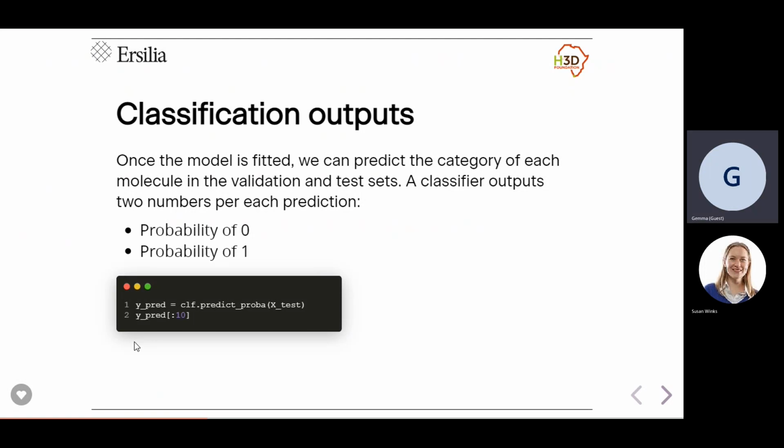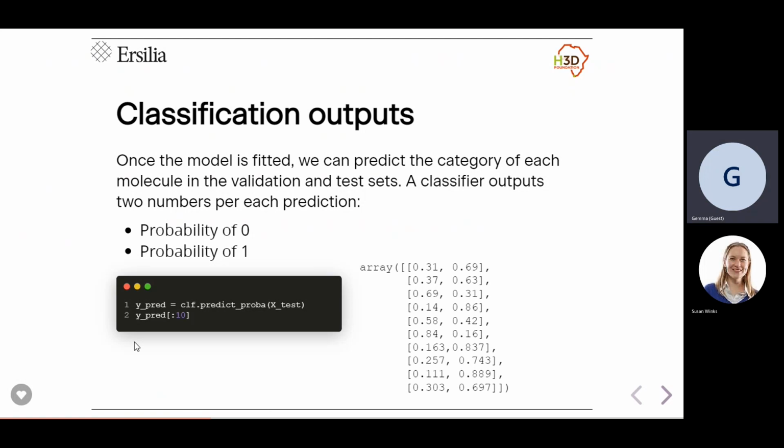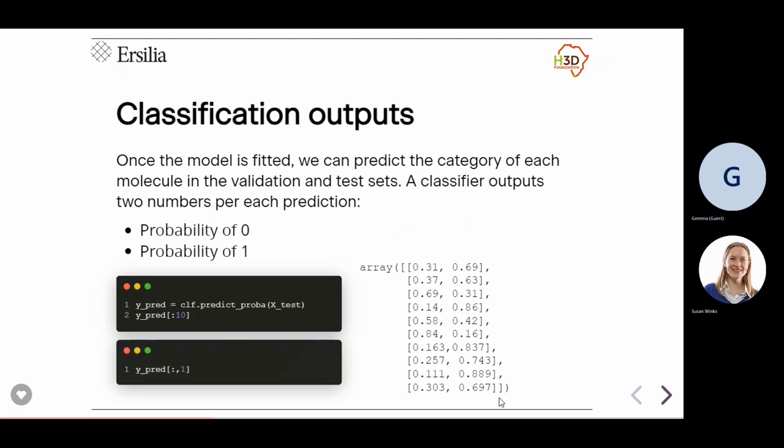So when we predict our X test, we get our Y pred, which is these columns, and we want to keep the second column, the probability of 1. Is it clear? Is everyone up to speed here? Questions? Yes.